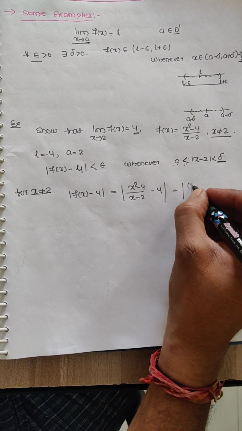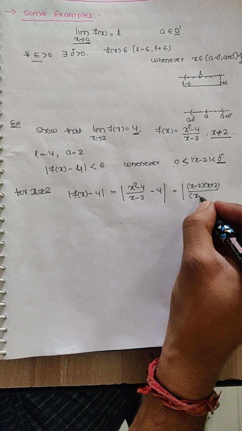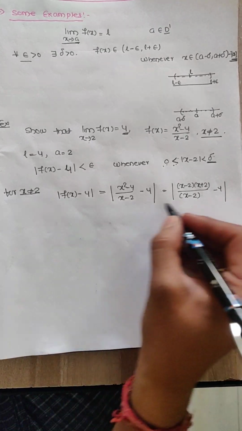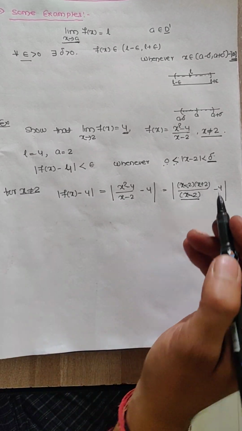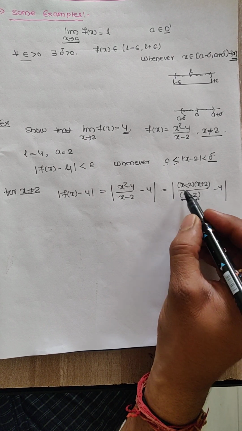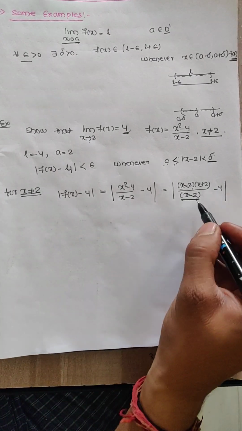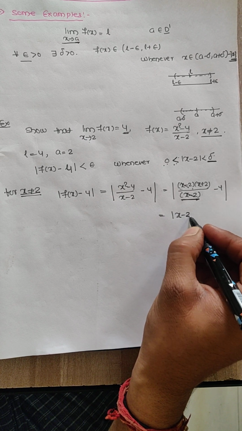Factorizing the numerator, that is x minus 2 into x plus 2 by x minus 2, minus 4. Since x is not equal to 2, x minus 2 is not equal to 0, so I can cancel it. Make sure that whenever we cancel x minus 2 with x minus 2, it must be not equal to 0. Solving this we get x minus 2.